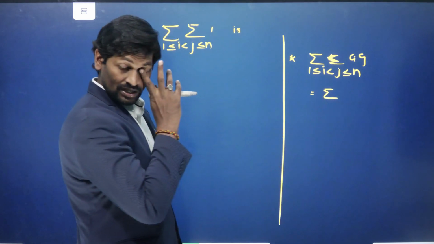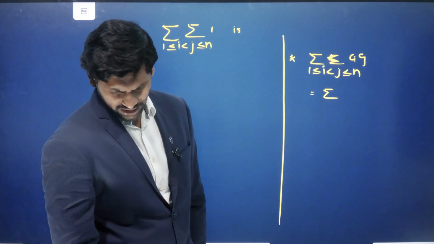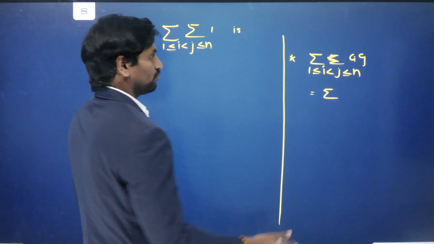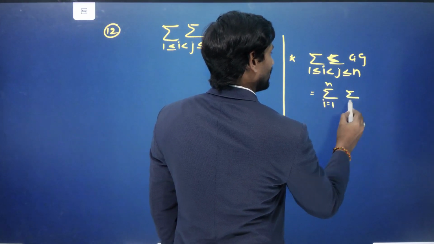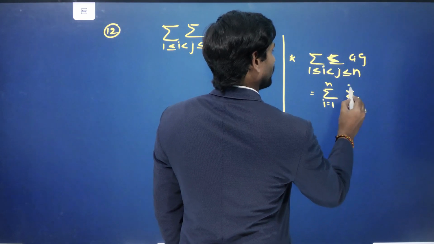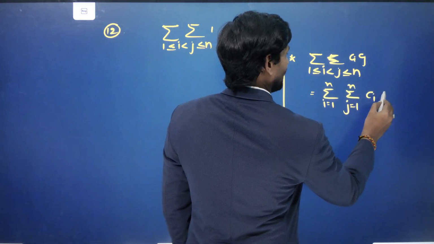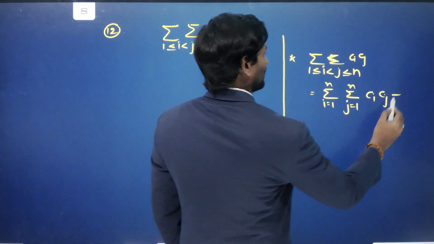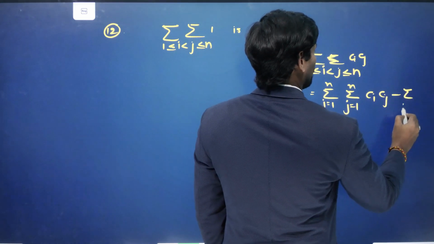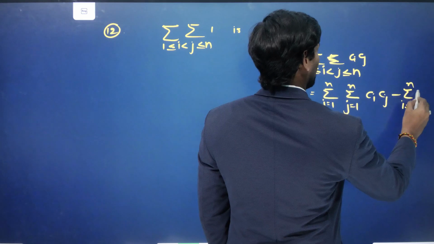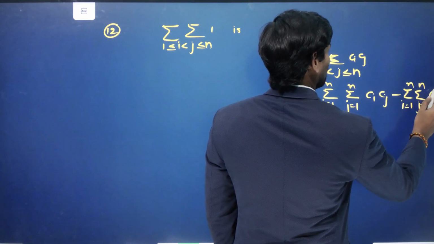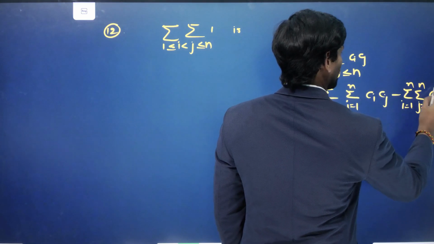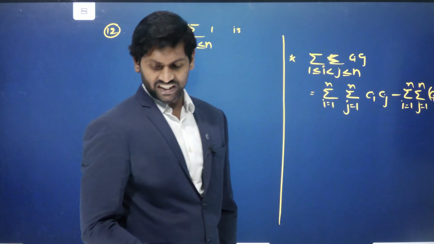sigma i equals 1 to n, sigma j equals 1 to n, Ci Cj, minus sigma i equals 1 to n, sigma j equals 1 to n, (Ci Cj) whole square, that means Cr square we can write.